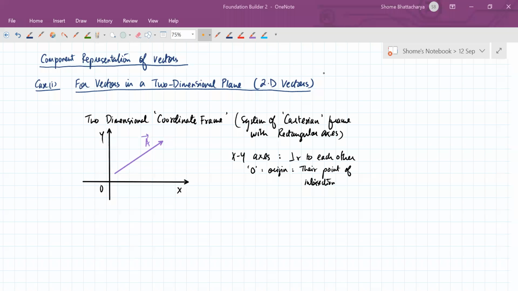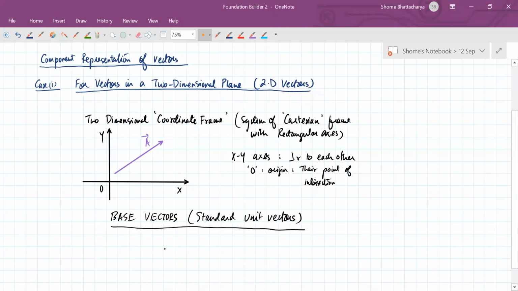After defining the XY axes, the next thing is we define the base vectors, which are also called standard unit vectors.